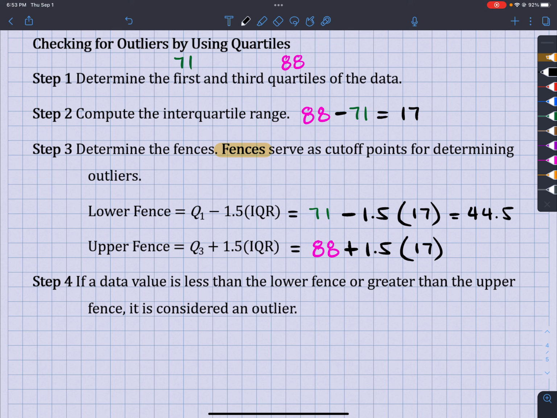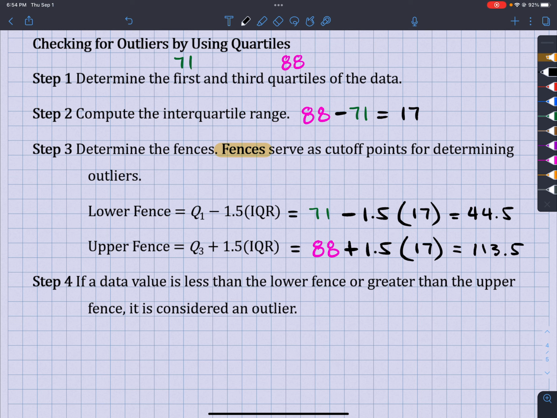Then I do 88 plus 1.5 times 17, and I get 113.5. Okay, so my lower fence is 44.5, my upper fence is 113.5.